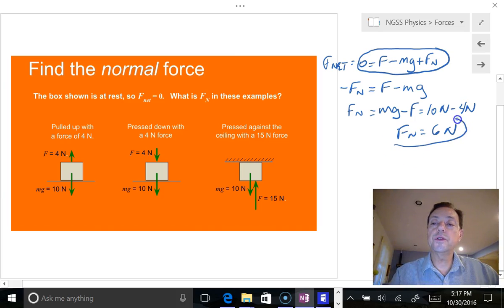So in that first example, that is 6 newtons.